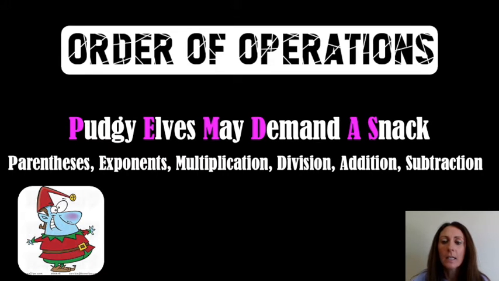The E in elves represents exponents. The M in may represents multiplication. The D in demand represents division. The A is addition, and the S in snack stands for subtraction. So this is just a good way to help you remember which operation you do first, second, third, fourth, and so on.